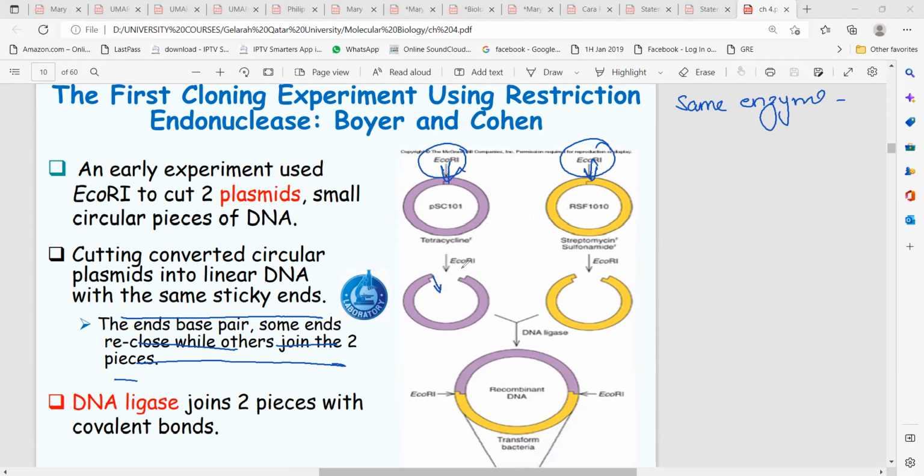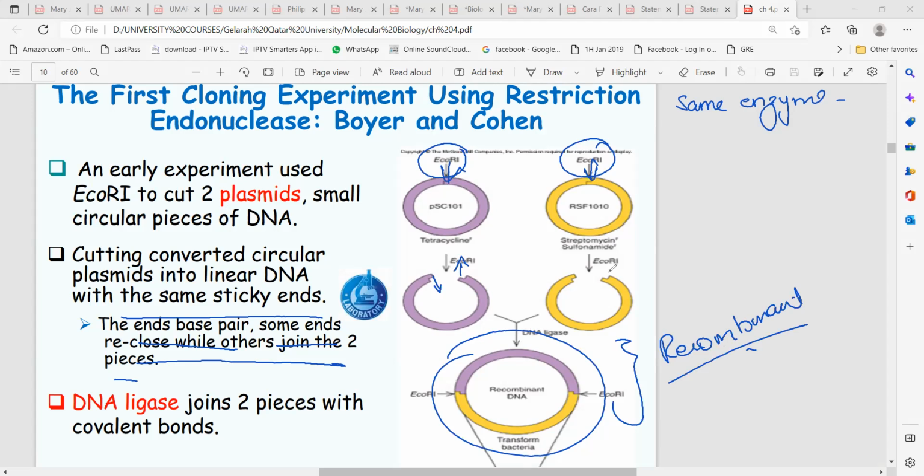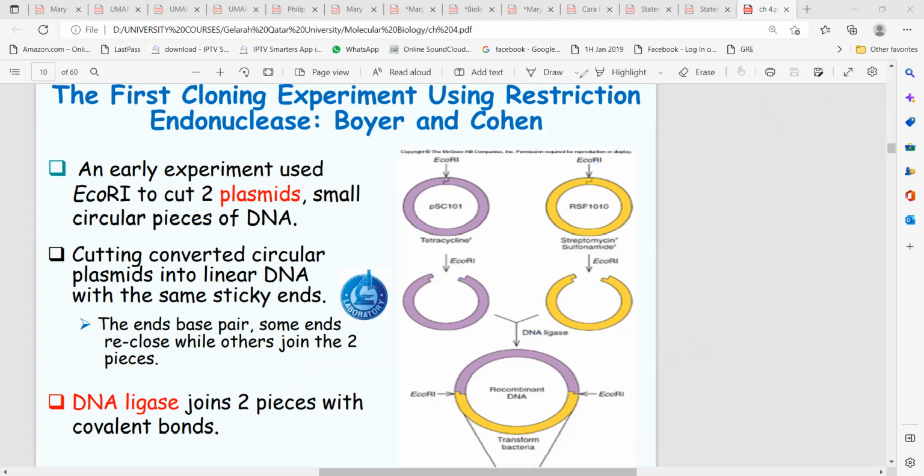They will have complementary DNA sequences, and if you combine them, they will make a recombinant DNA. Do you know why? Because they have the same sticky end, complementary. So they will bind because they have complementary ends.